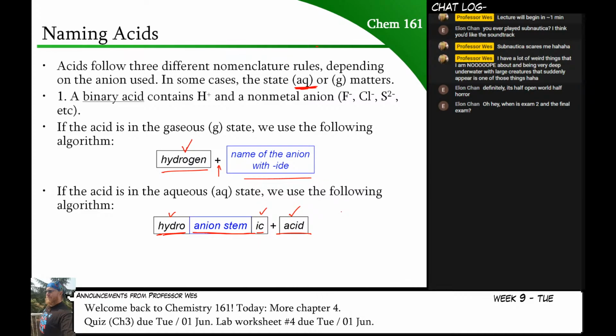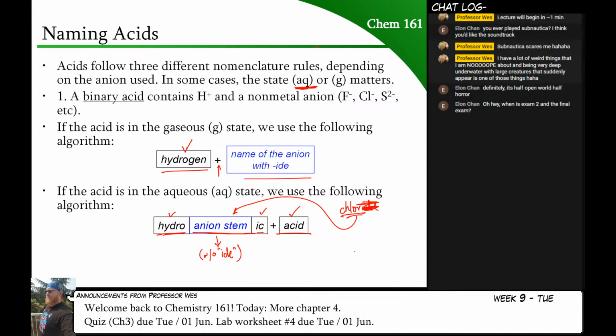If you looked through all of the ides, so for example, if I wrote chloride here, the stem is whatever the ide is without the ide. So the stem for chloride would be chlor, if I just get rid of the ide. So I would put this into this spot right here, and we would get hydrochloric acid. And that's where the name comes from.